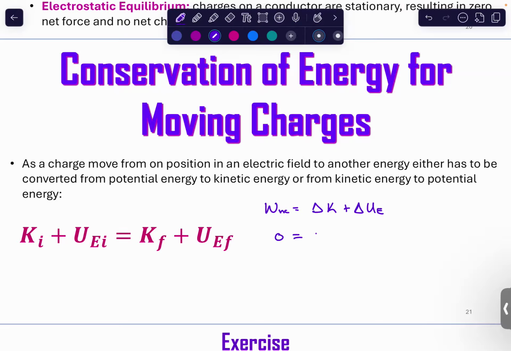So that means zero. And so your deltas are final minus initial, and you can work out and get to this form of the conservation of energy.